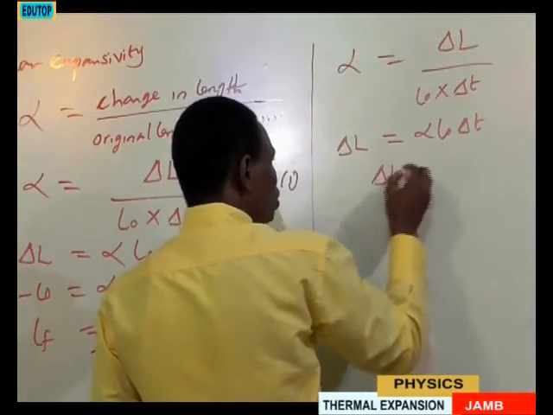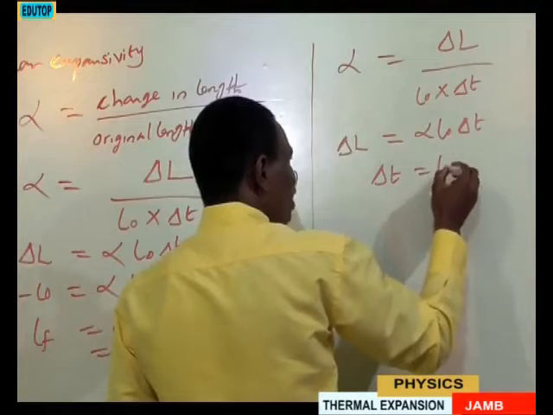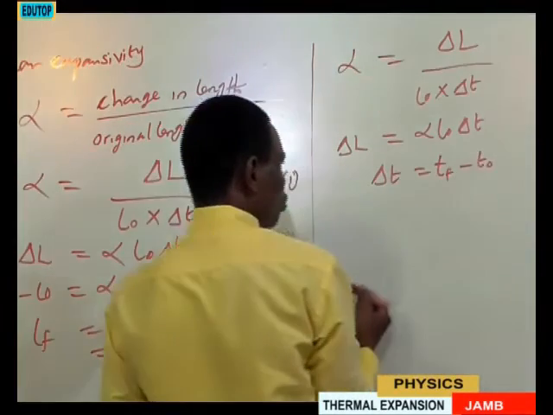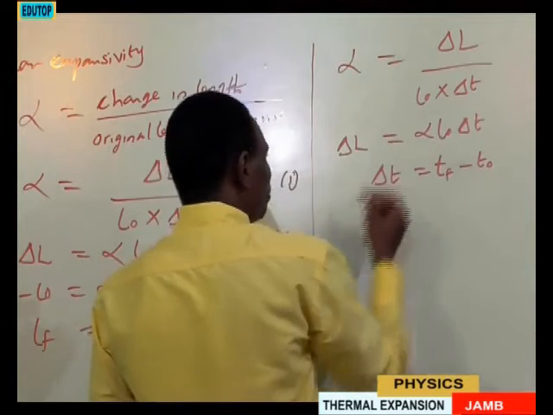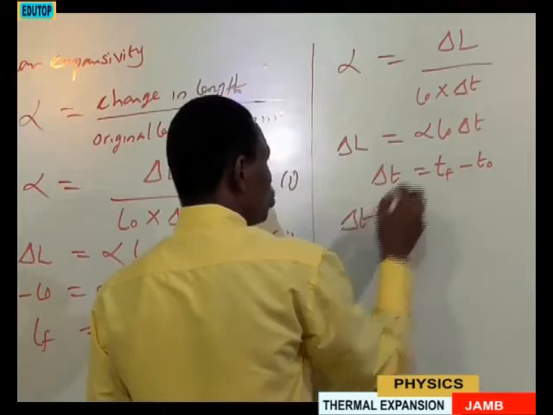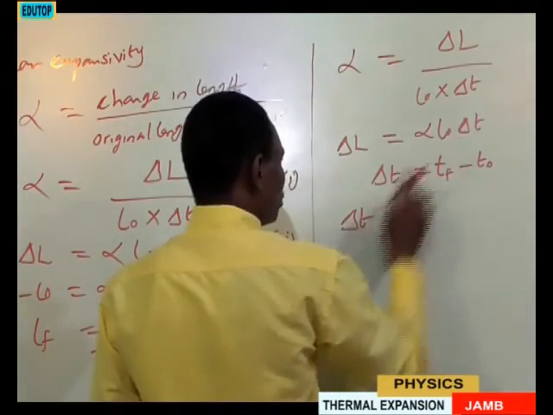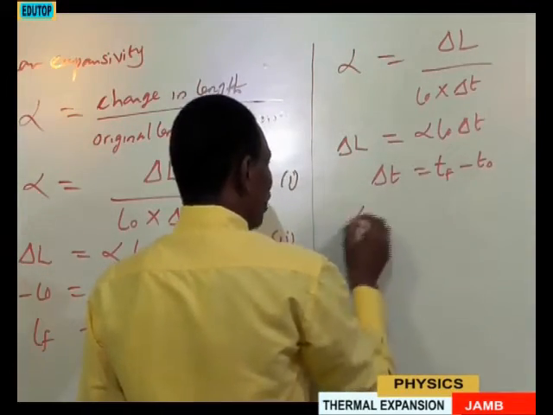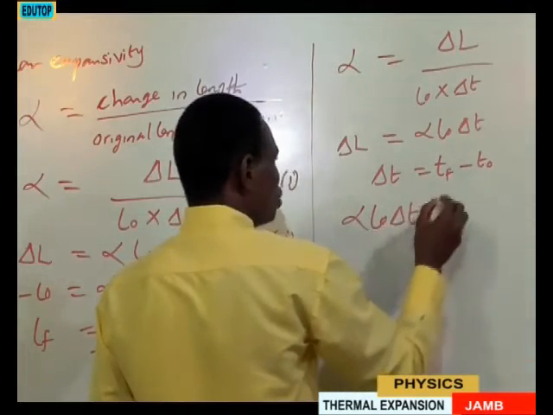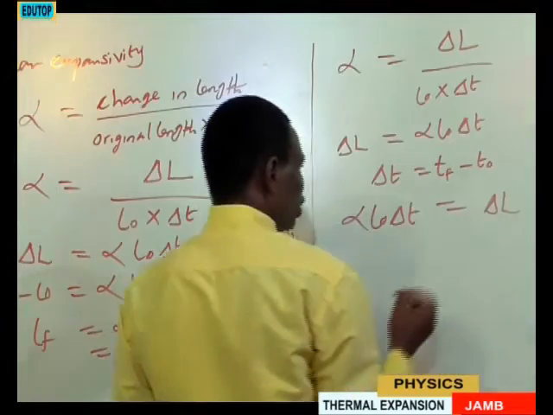Our change in temperature is equal to final temperature minus original temperature. Let's put it in. We have linear expansivity, L naught, change in temperature, change in length.